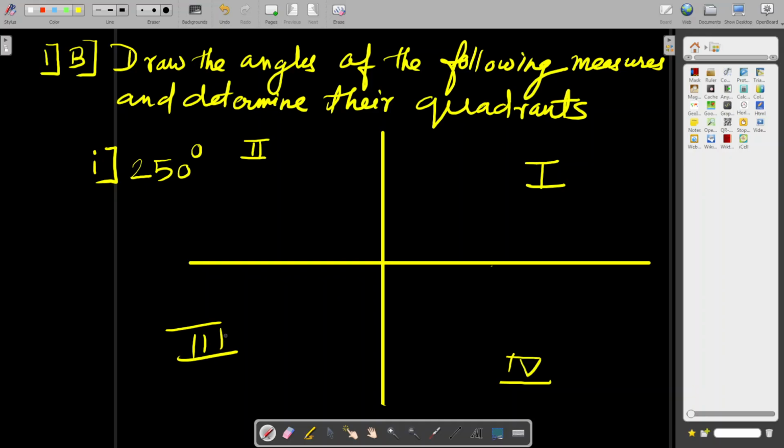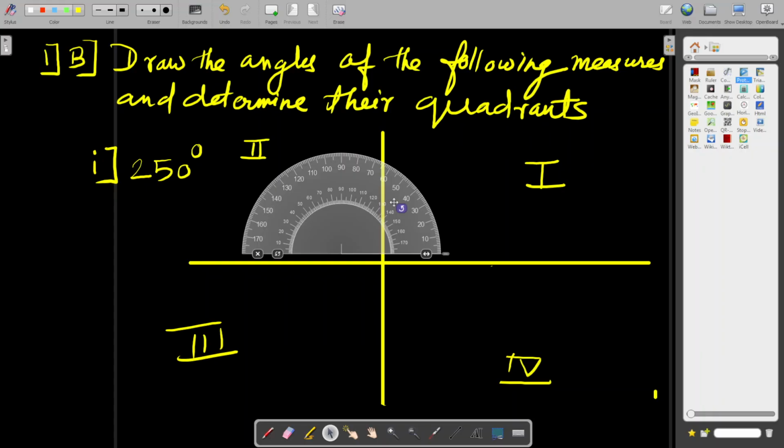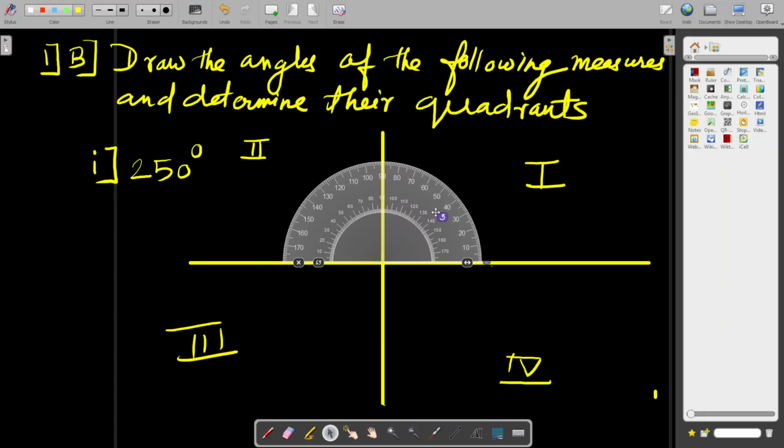For 250, again we will have to take out the protractor. From 0, 10, 20, 30, 40, 50, 60, 70, 80, 90, 100, up to 180. So the first two quadrants are occupied up till 180 degree. 0 to 90 is the first quadrant, 90 to 180 is the second quadrant.